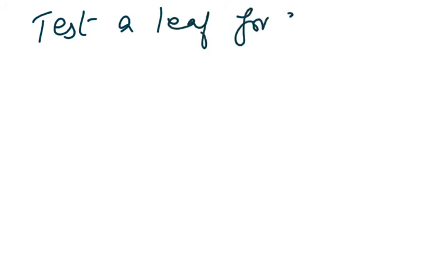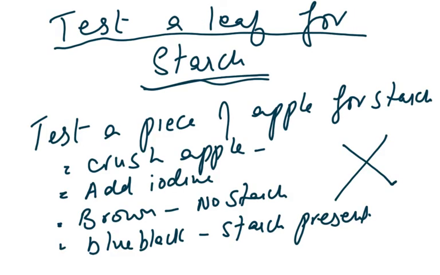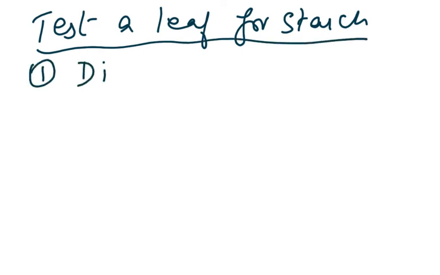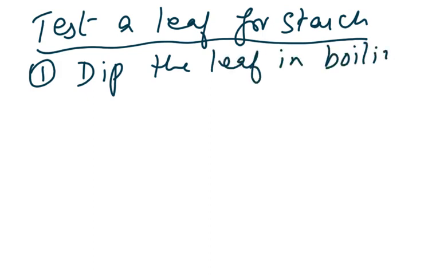So if I say test a leaf for starch, you're not going to give me the story about this piece of apple that crushed the apple, add iodine and brown and all this, and there's no heating in this. You're going to give me some other story, and that story is number 1, dip the leaf in boiling water.